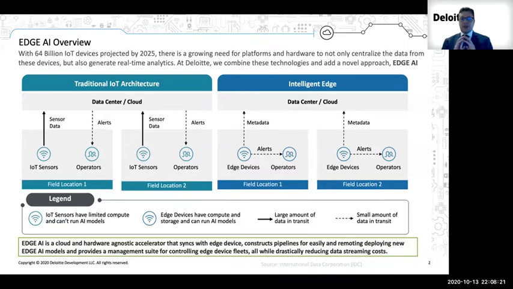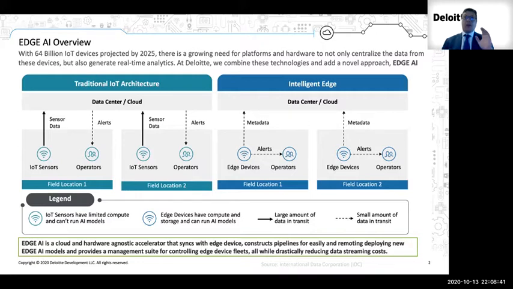To start things off, we wanted to make sure that we were on the same page regarding what we mean when we refer to artificial intelligence at the edge. For those of you who are familiar with the Internet of Things, or IoT, there will soon be over 63 billion devices in the field.